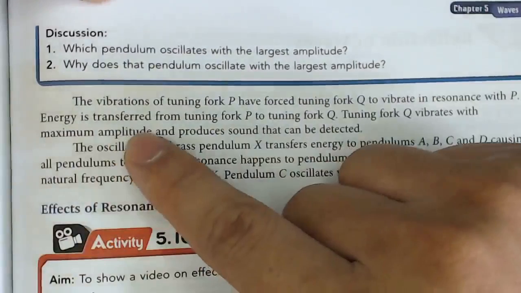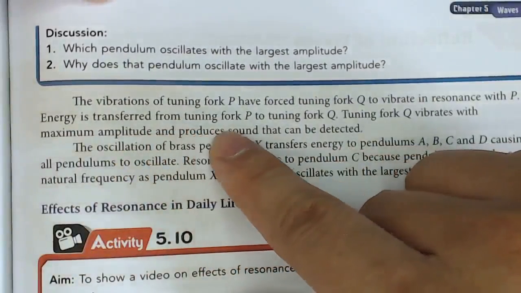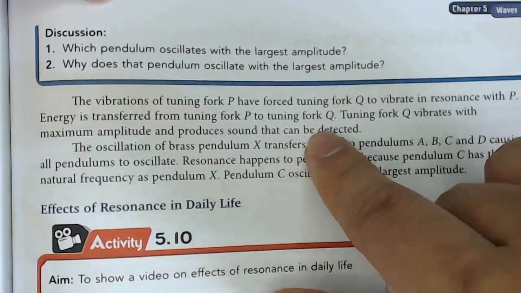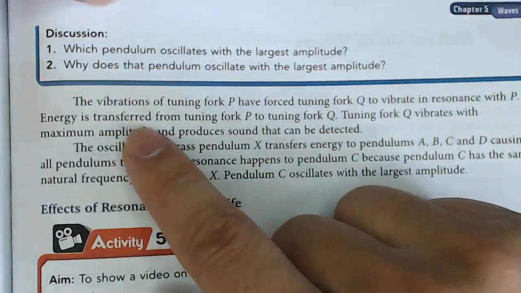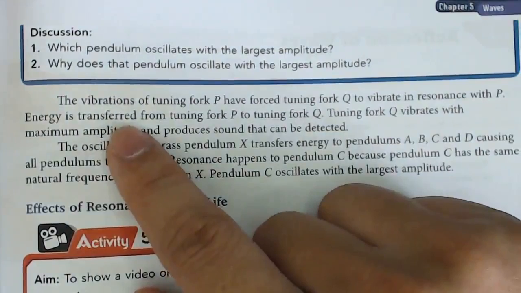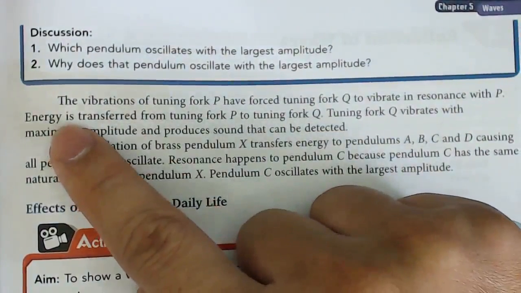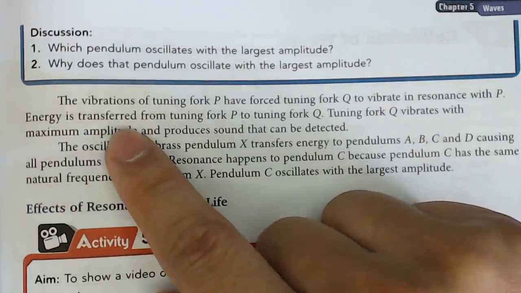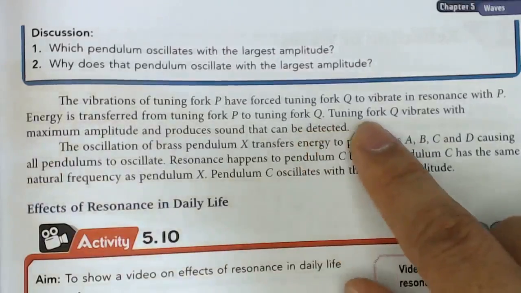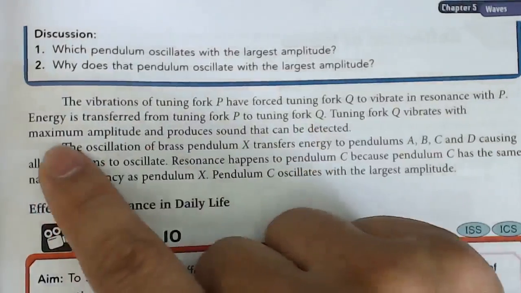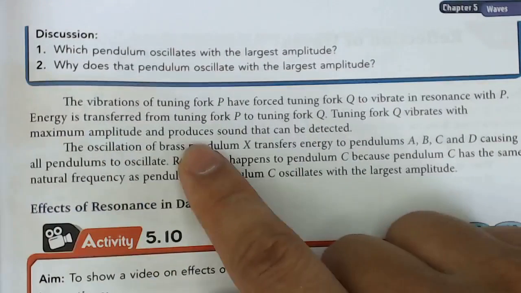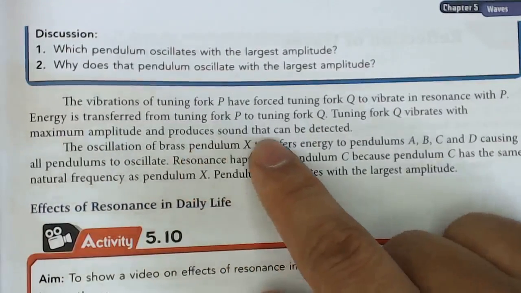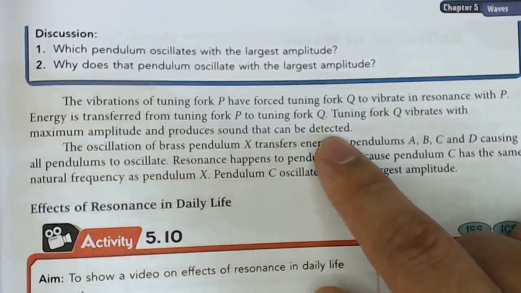Energy is transferred from tuning fork P to tuning fork Q. Okay, energy is transferred. Otherwise, how can they do the work to oscillate? First, energy needs to be transferred before they can work. Tuning fork Q vibrates with maximum amplitude and produces sound that can be detected.